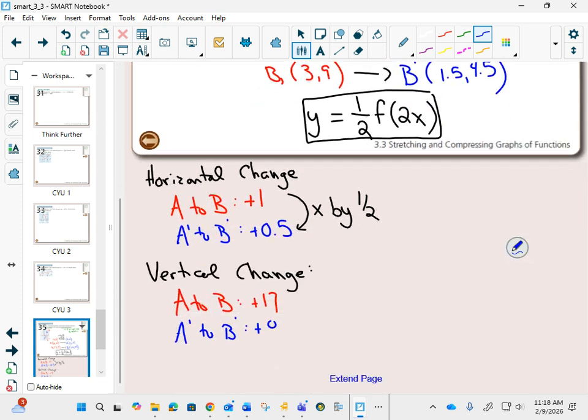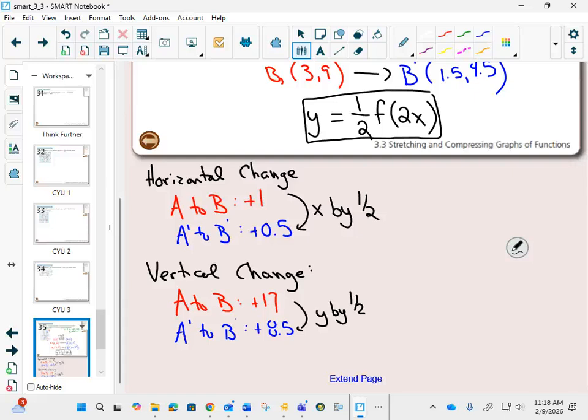That is up 8.5. And same thing here. Comparing 17 to 8.5, you'd have to multiply by half. So this would be another way to find the x by half, y by half.